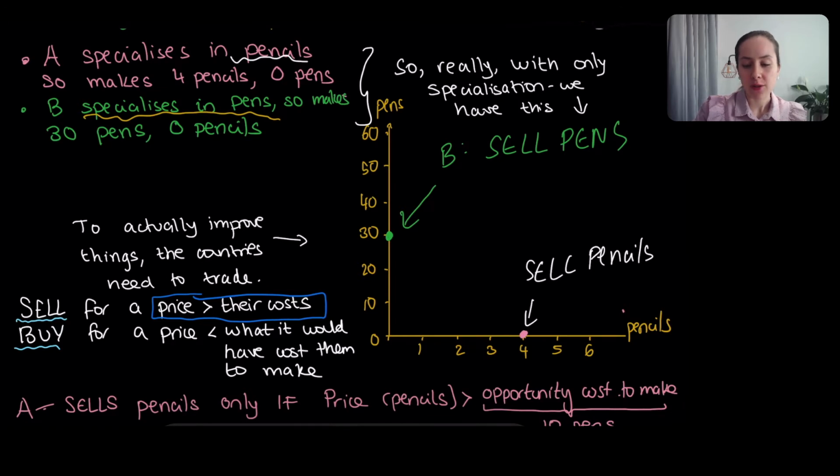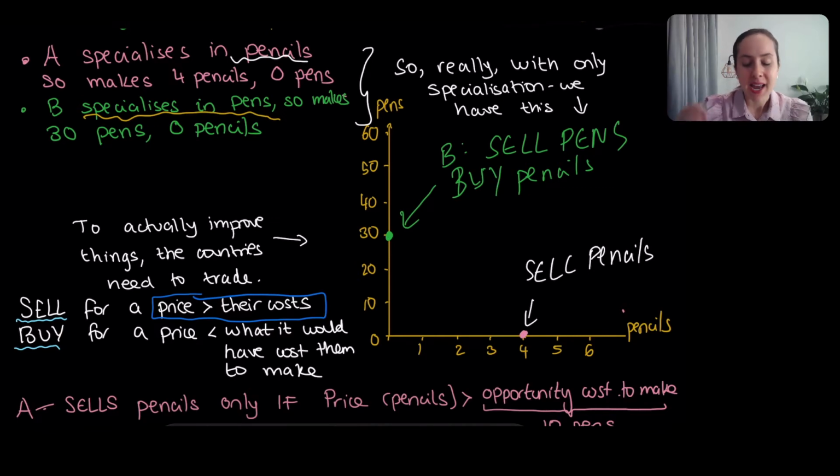So B is only going to want to buy the other good they don't have, so buy pencils, if they are offered a cheaper price than they can make it by themselves. Otherwise, they're just going to make it themselves because that will give them a better deal.